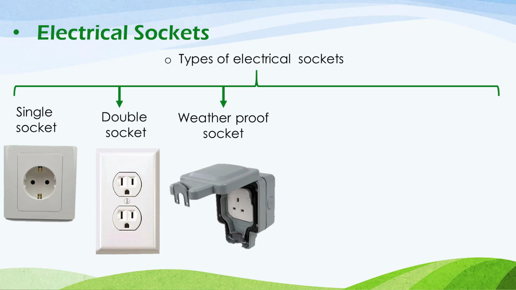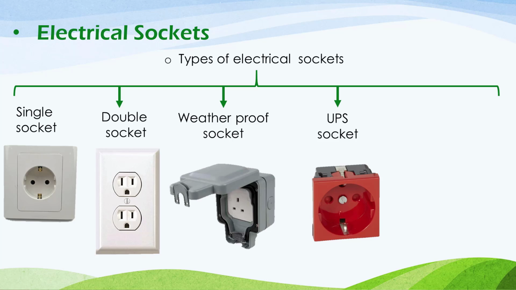And for that purpose, we find the weatherproof socket to have a larger IP number as it prevents water and dust. Alright, now the fourth type we have of the socket is the UPS socket. This UPS socket is an ordinary socket, but it's used for the UPS application.